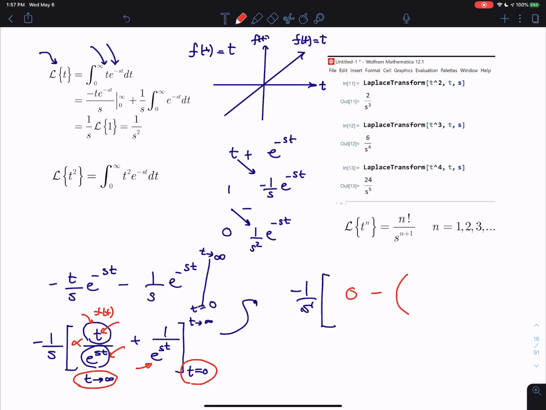So I'll put it in parentheses, so 0 plus, and if t is 0 in the second one, you get 1 over e to the 0, which is 1, so you get 1. So this becomes minus 1 over s times minus 1. So you get 1 over s, right? For that. So here is, I did the t, right?